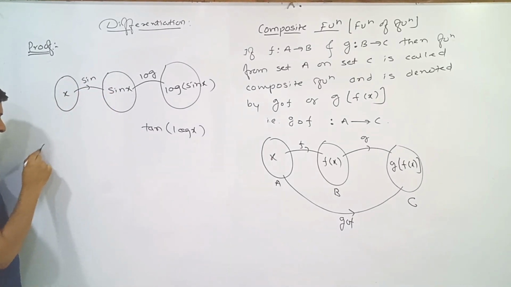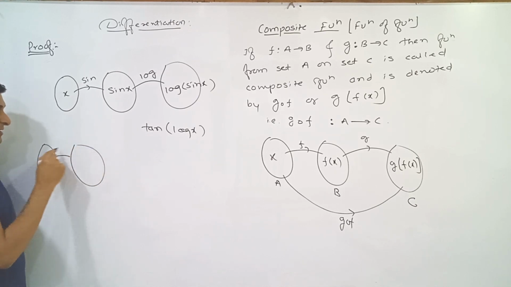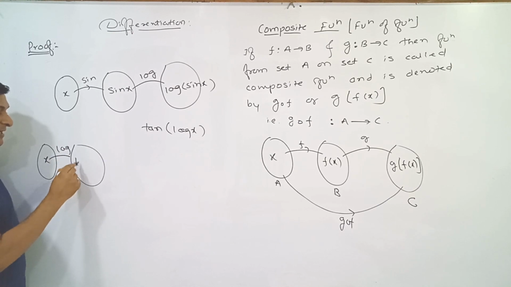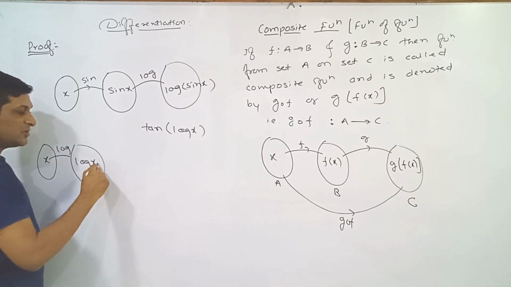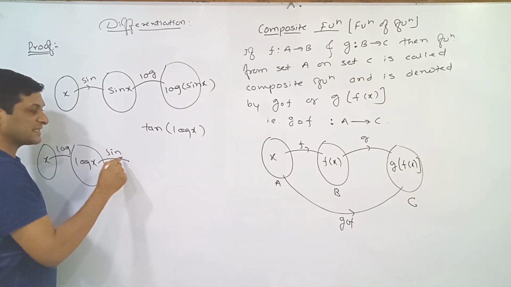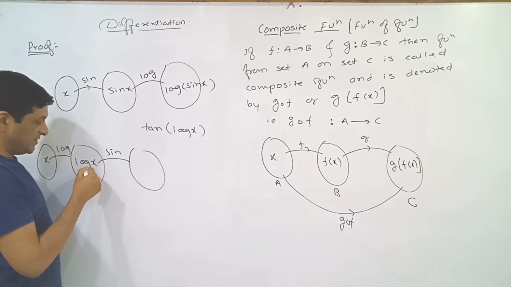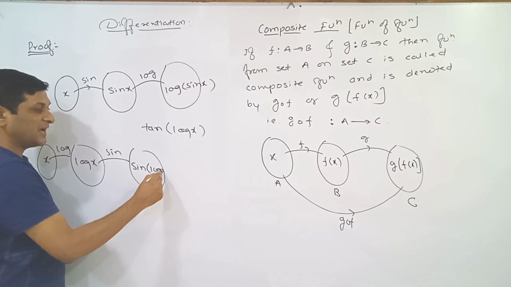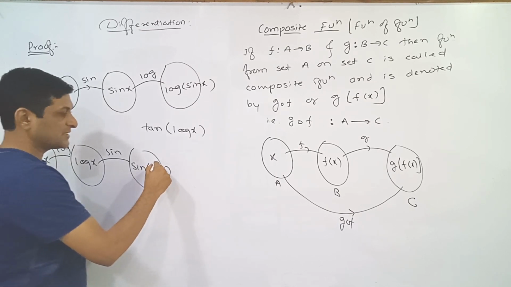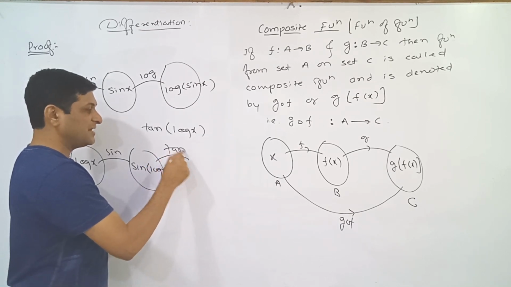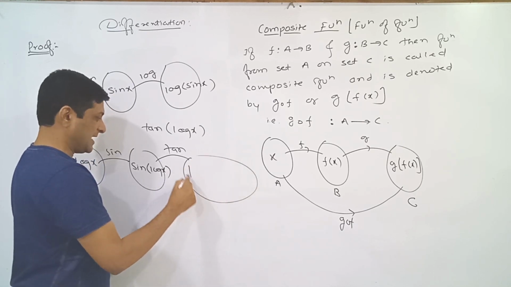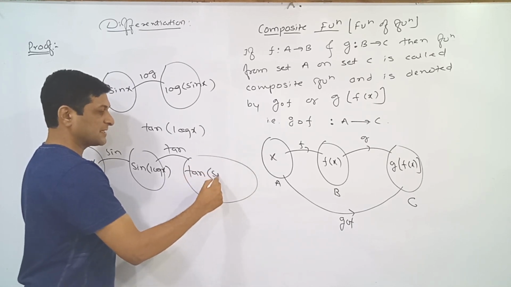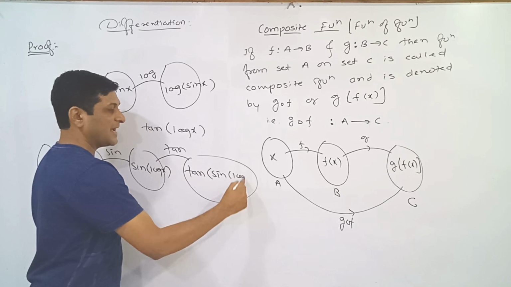Again, let us consider another example. Let the variable be denoted by x. Let the image of x under the function log be log x. Let the image of log x under the function sine be what? Image of log x under the function sine will be sine log x, and image of sine log x under the function tan will be tan of sine of log x.